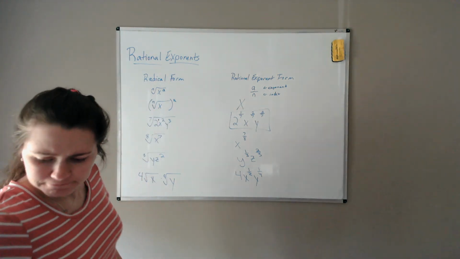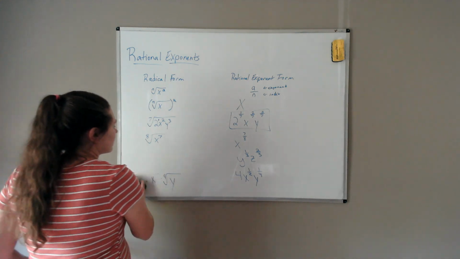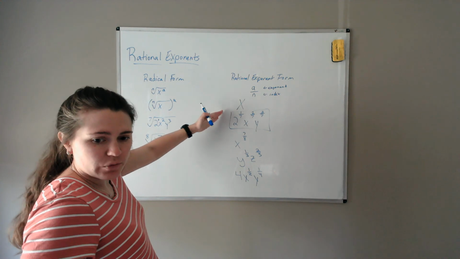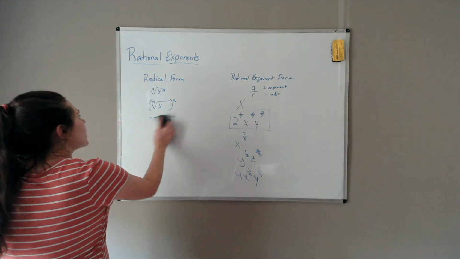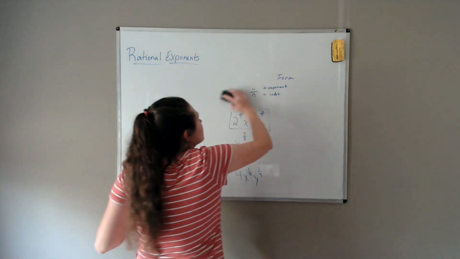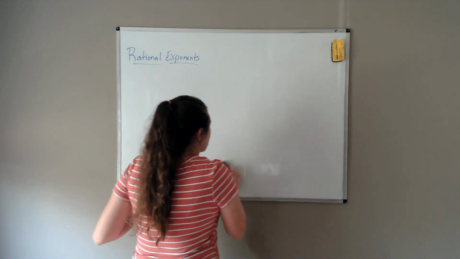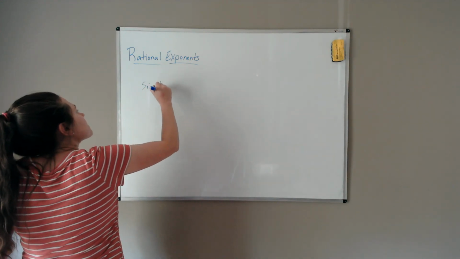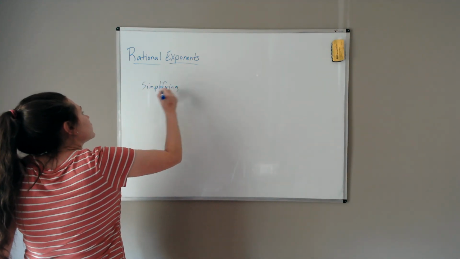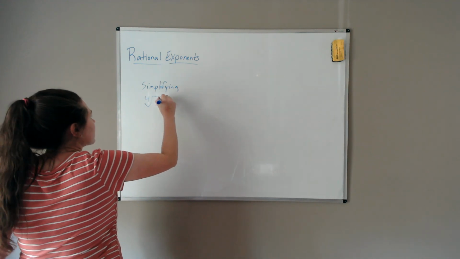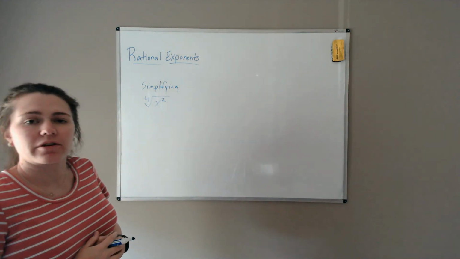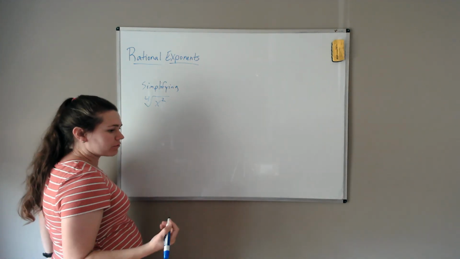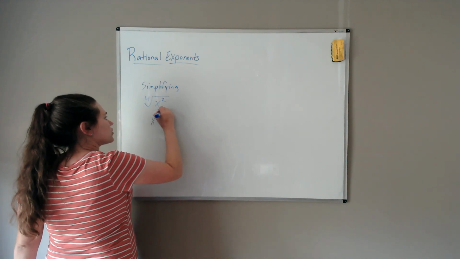So now we're going to go over the fact that because every radical form has an equivalent rational exponent form, which means we can write them as fractional exponents, we can actually simplify our radicals a little bit more than we were able to do in the past. For example, if we had the fourth root of x squared, we wouldn't be able to simplify that any further. However, if I wrote this in its rational exponent form, I'd have x to the 2/4.